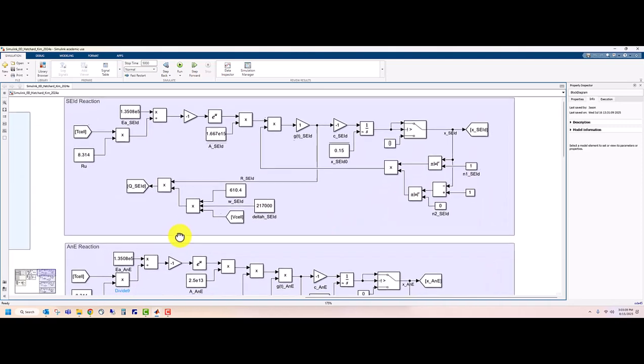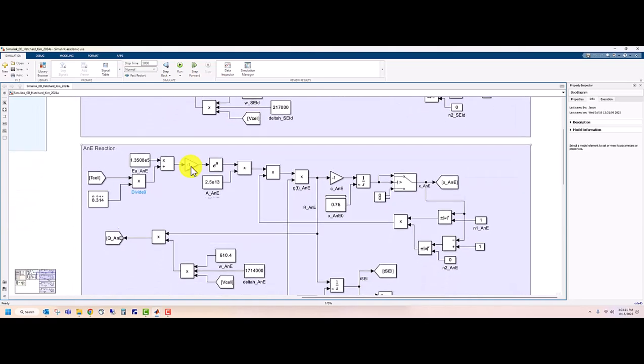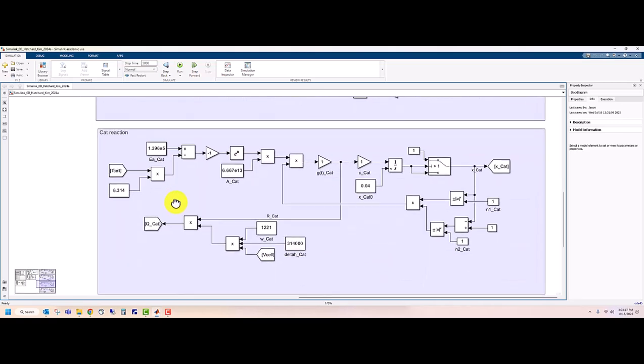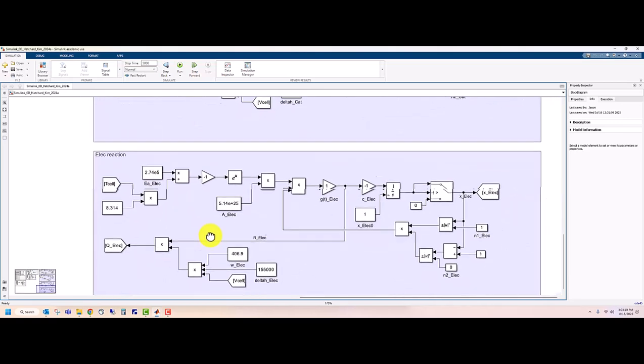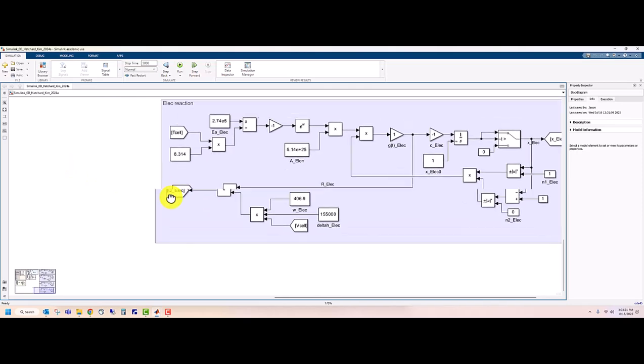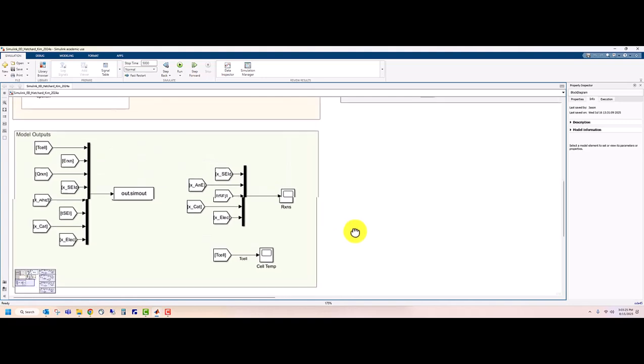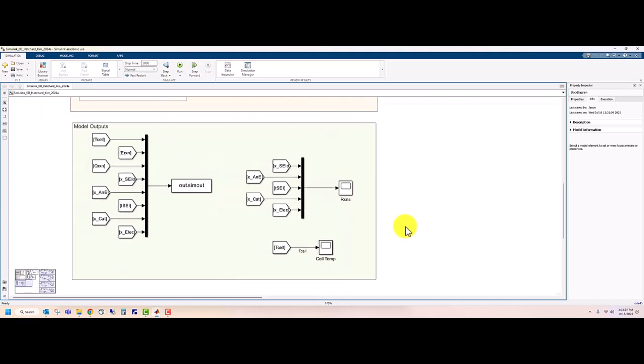So each of the 4 decomposition reactions follows the same pattern. Here we can see the heat generated by anode electrolyte, heat generated by cathode, and heat generated by the electrolyte decomposition reaction. And there's one more block to show, which is model outputs.